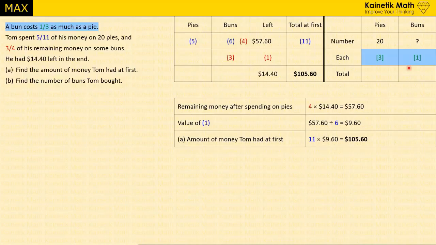Okay, so that's all we have to go with, and yet we need to find the number of buns. So what other information do we need to be able to finally solve the entire problem? Okay, I'll pause again for a while. If you have any suggestion, please key in the chat. Yes, of course we can name the price of the pie 3 units and the bun 1 unit, and then we can multiply.